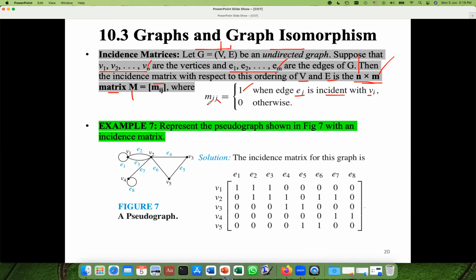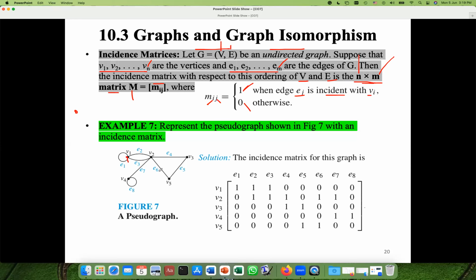For example, currently you are here, and if it is connected with this V2, then this edge is connected to this previous V1. Because some edge will go from that vertex, if that edge is there, you can represent it with 1. If the edge is not there, you can represent it with 0. It would be an adjacency matrix like thing.